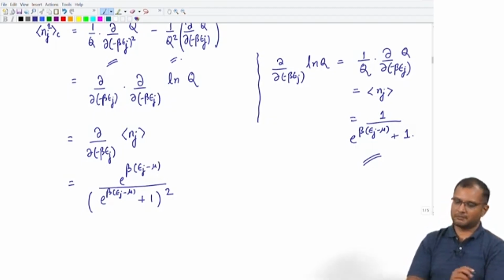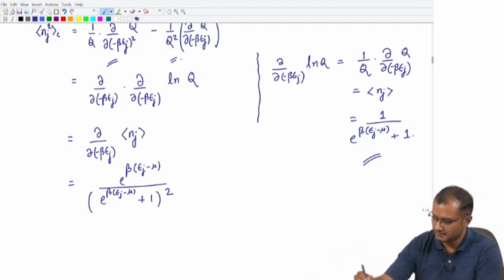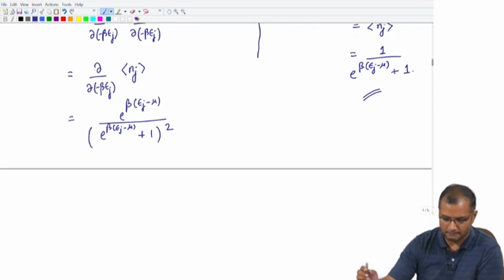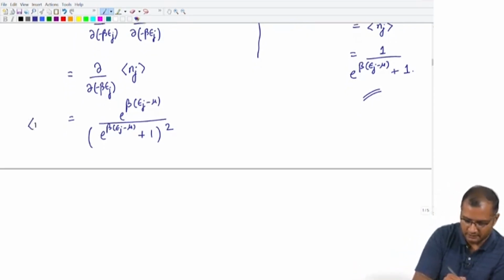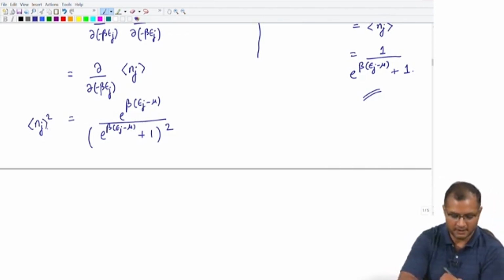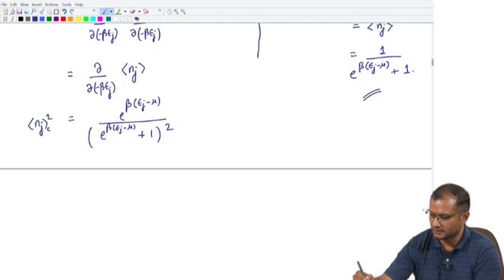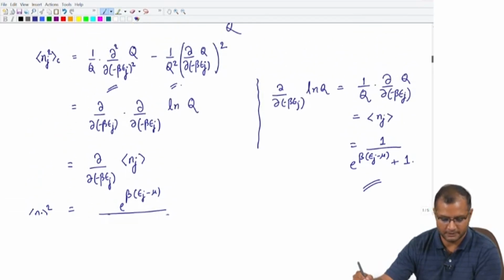The 2 minus signs become positive. And let us not forget that this is basically the second cumulant of the occupation number.